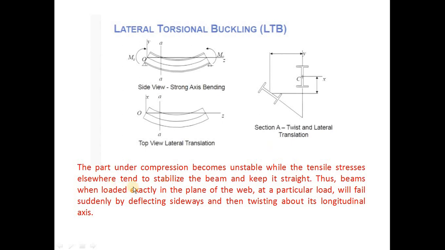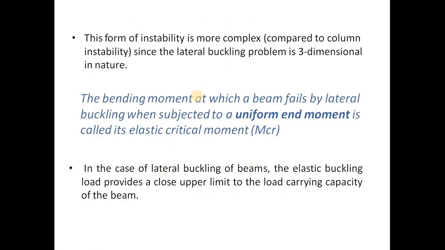Thus the beam, when loaded exactly in the plane of the web at a particular load, will fail suddenly by deflecting sideways and then twisting about its longitudinal axis. You can see here, this diagram is actually the elevation of the beam, and here you can't see any twisting effect, and when you see the plan, you can see the lateral translation of the beam has occurred because of the phenomenon of lateral torsional buckling.